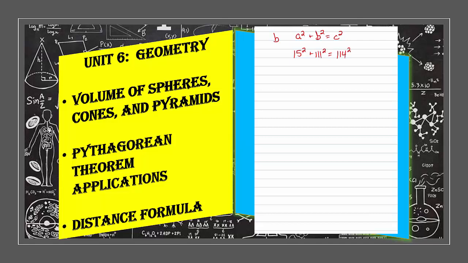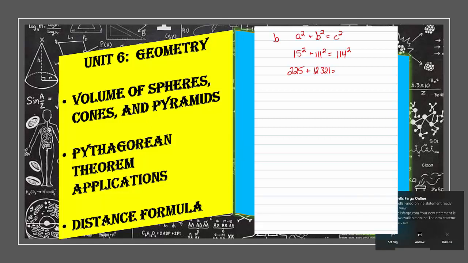My a squared is 225. My 111 squared is 12,321. My 114 squared is 12,996.